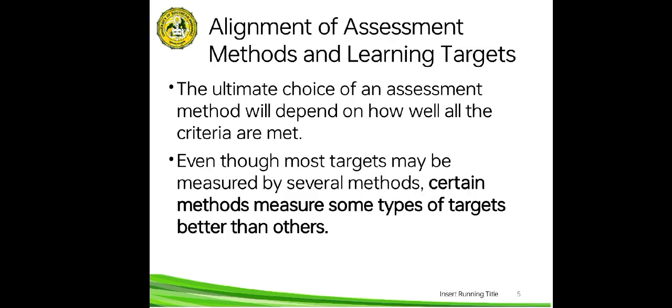So, this is where alignment comes in because not every assessment method works for every goal. For example, if the learning target is to analyze a character in a story, a simple multiple choice test won't be enough. You'd need something deeper like an essay or a presentation. Now, here's an idea.